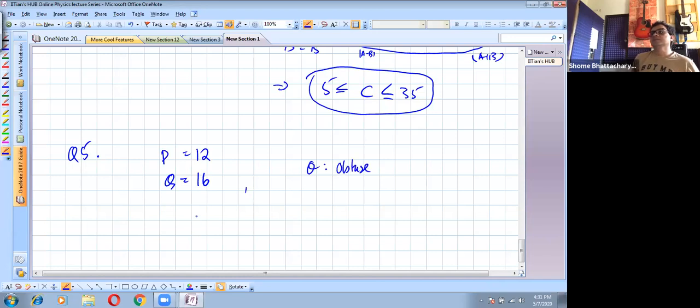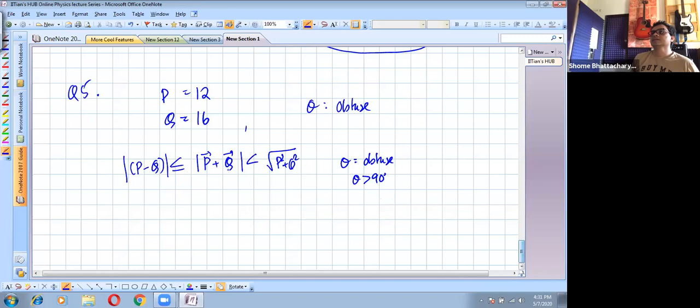So make use of that: the magnitude of P plus Q will be less than root of P square plus Q square. So we know that theta is obtuse, it's greater than 90. But at the same time, it cannot be less than P minus Q also. It cannot be less than this.